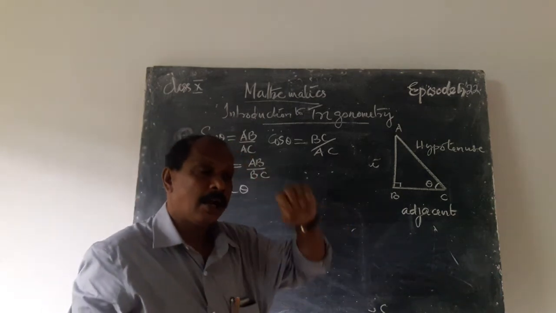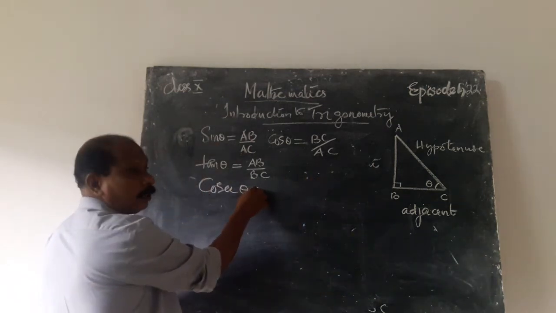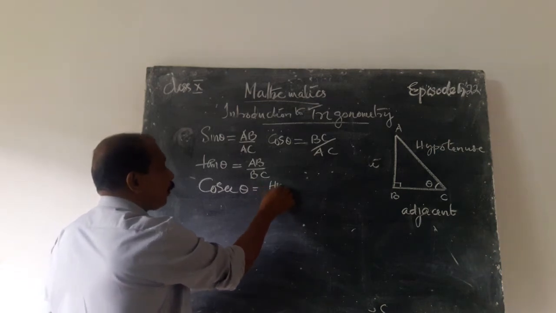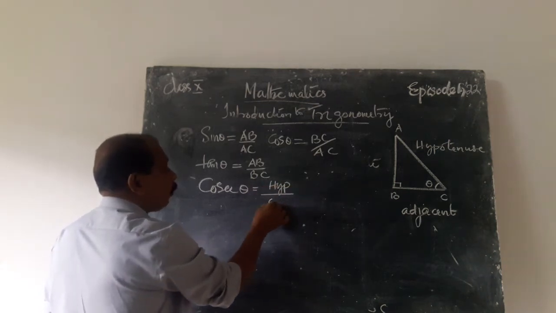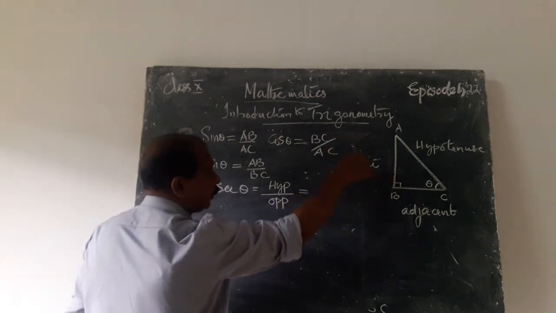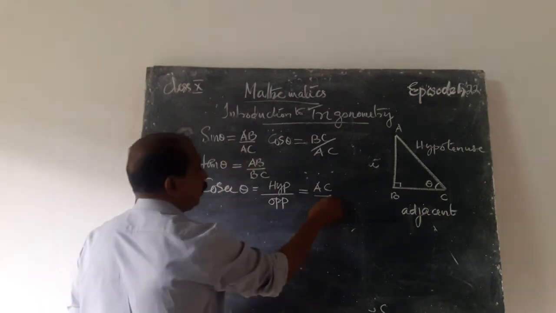What is sin theta? Opposite side by hypotenuse. Therefore, cosecant theta, short form cosec theta, is equal to hypotenuse by opposite side. From figure it is AC by AB.